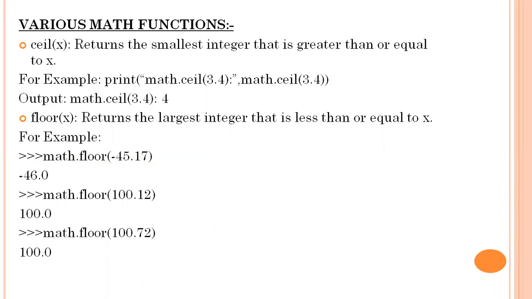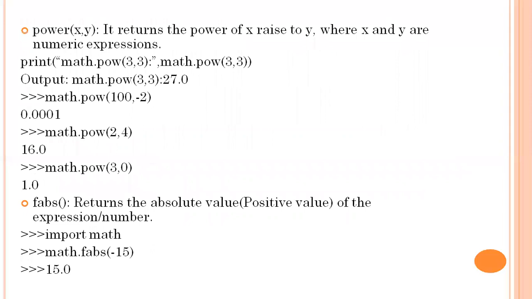For example, math.floor(-45.17) will give the output -46.0. And if I write math.floor(100.12), it will give 100.0. And if we write math.floor(100.72), again it will give the lowest value, that is 100.